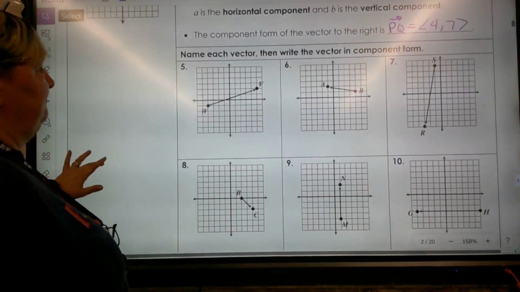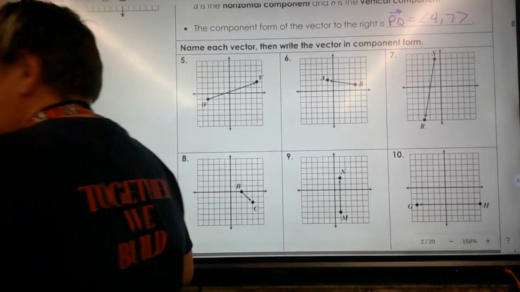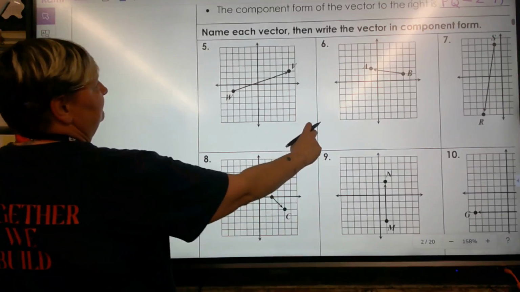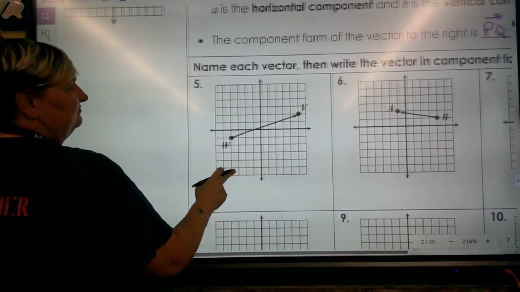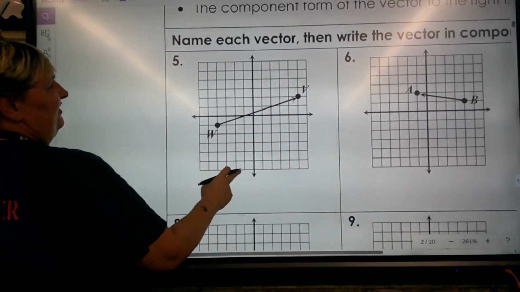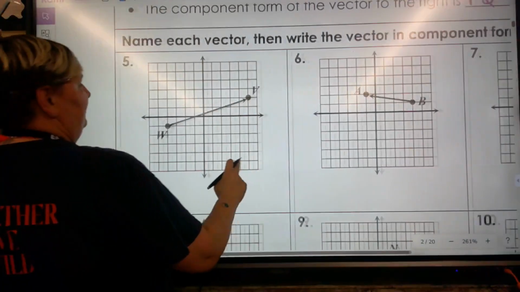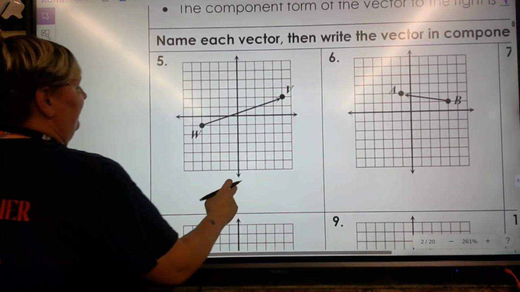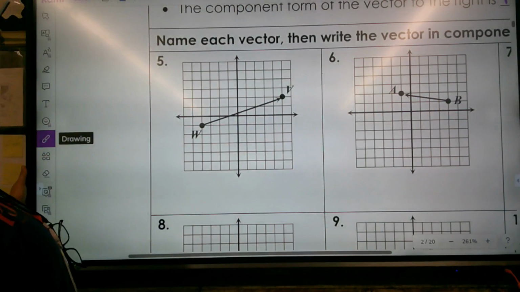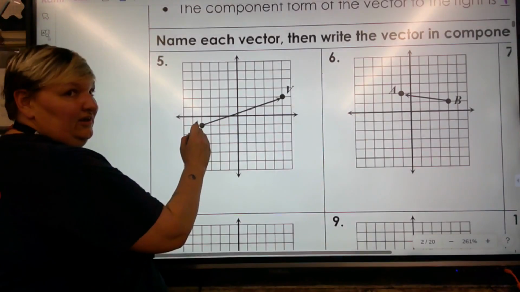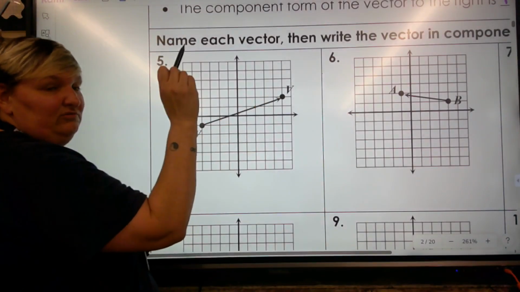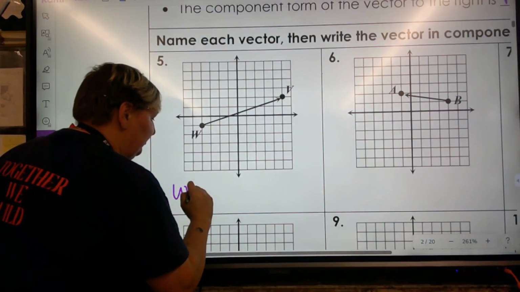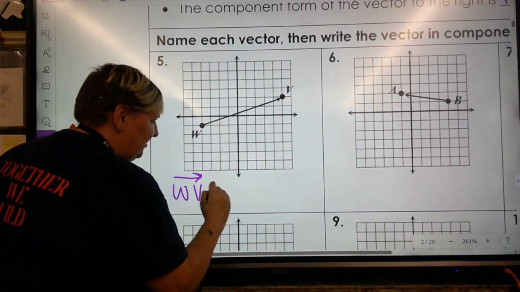All right, let's look at them. Name each vector, then write the vector in component form. So first we have to name it. We name it initial point, end point with a ray on top.